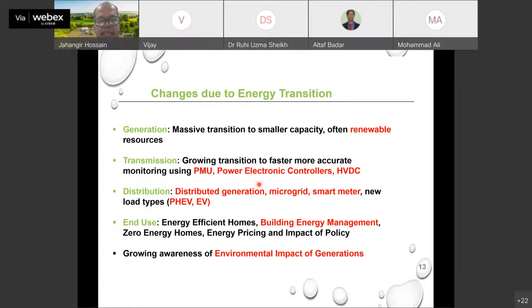But actually the biggest changes are happening on the distribution side. On the distribution side, you are getting a lot of distributed generation. You also have microgrids, which are the topic for today's discussion. You have smart meters, which are also very popular new technology coming into the power system, because using a smart meter you can monitor, and in some cases also control, your energy consumption.